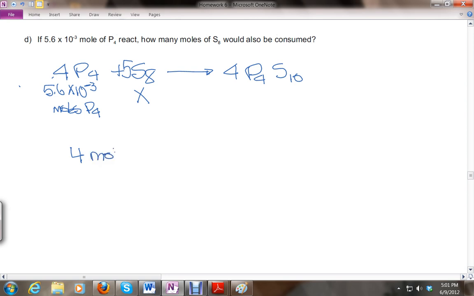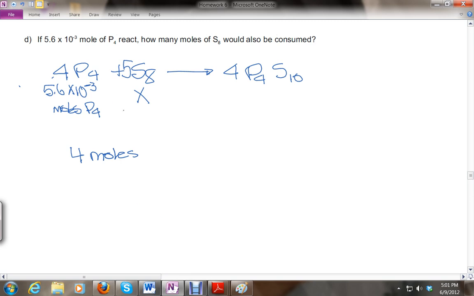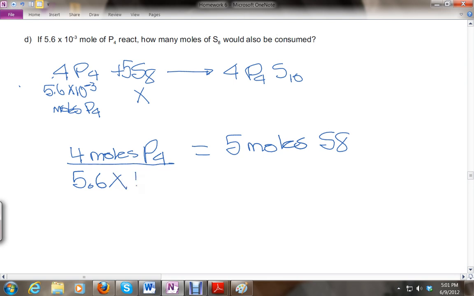4 moles of P4 are going to react with 5 moles of S8. How many would react completely with 5.6 by 10 to the minus 3 moles of P4?